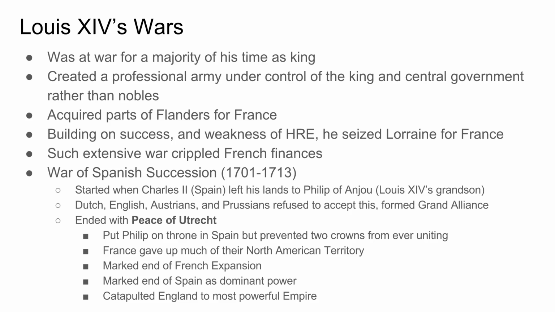And so to understand why this war happens, you kind of have to understand the complex intermarriage of nobility at this time. The King of Spain was Charles II. And Charles II had multiple siblings, multiple sisters. And one of the sisters was married to Louis XIV. And the other was married to the King of Austria, that lineage.